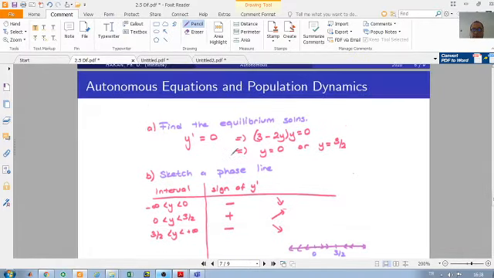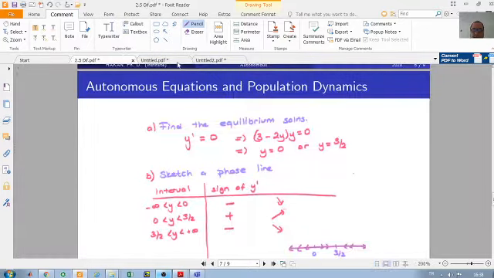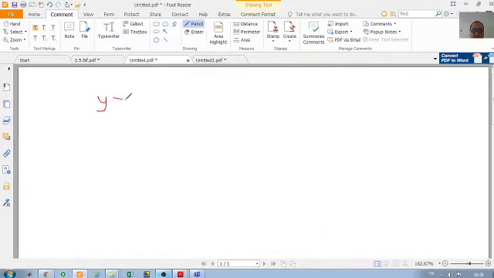And from here we will find the phase line to see the behavior of the solution quickly. So the equilibrium solutions are y equals 0 and y equals 3 over 2, and the differential equation is 3 minus 2 times y times y.